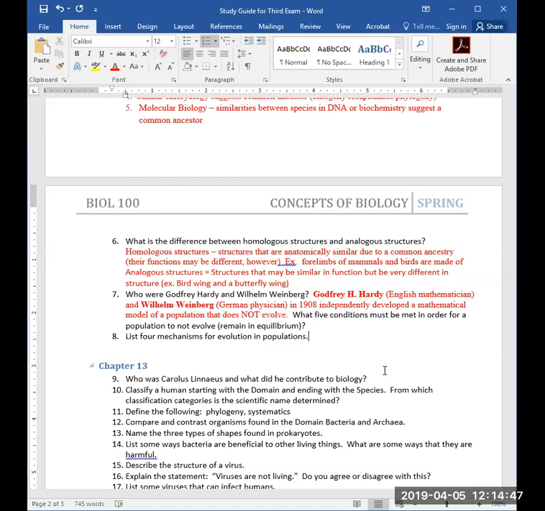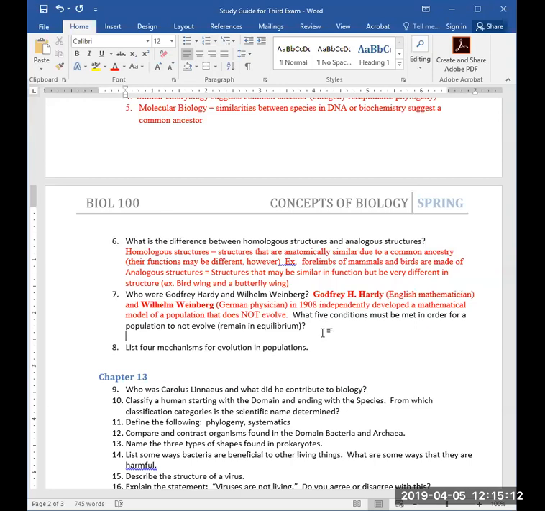So it's a different way to look at evolution and to see whether a population is in fact evolving. There are 5 conditions in order for a population to remain in equilibrium, and when it's in equilibrium, it means it's not evolving.